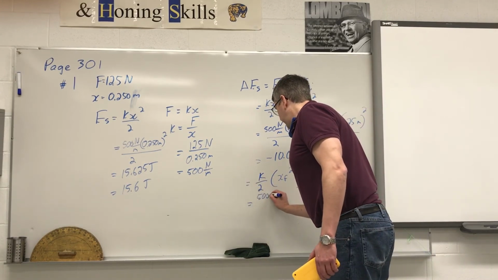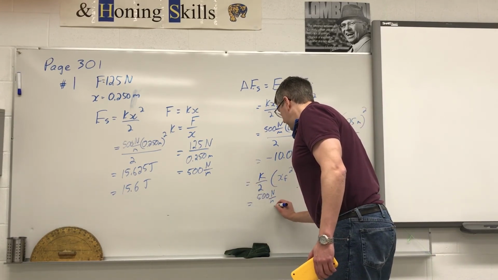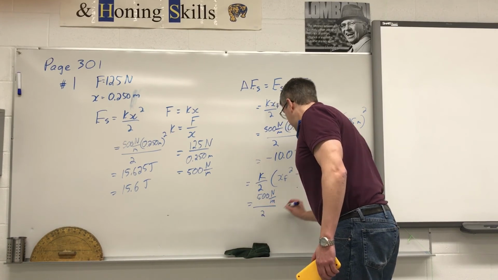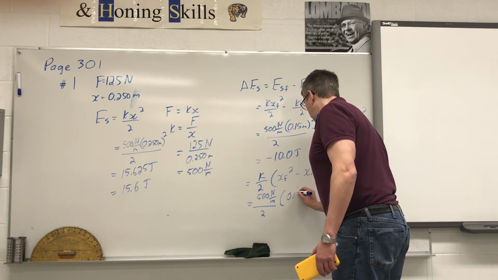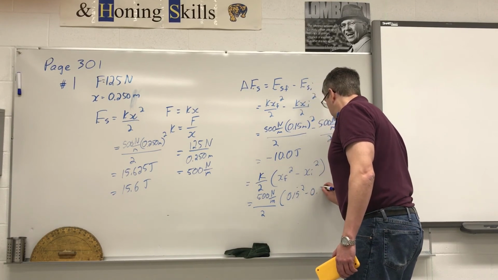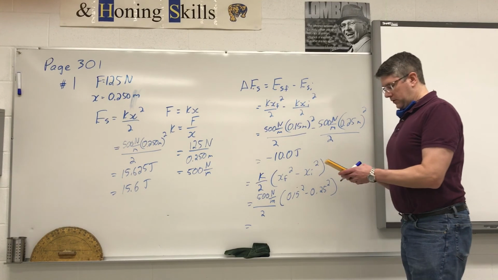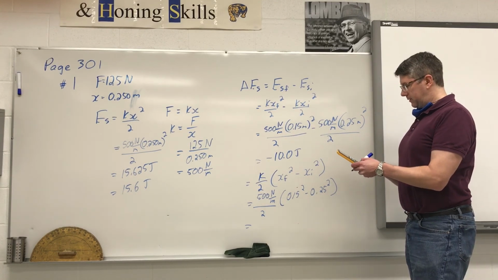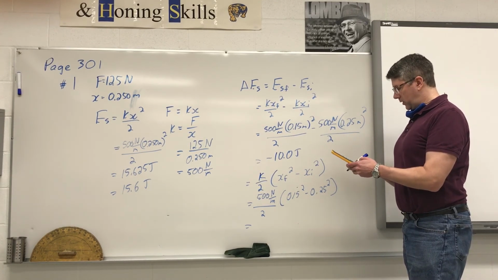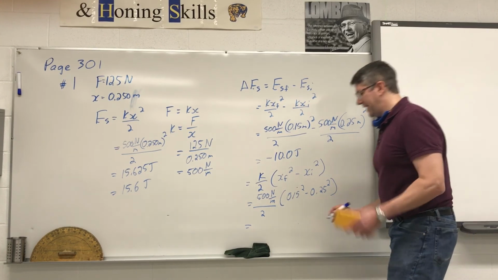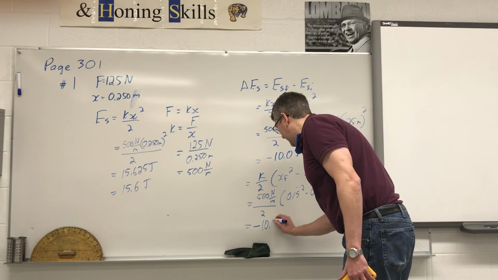So we'll have 500 newtons per meter divided by 2, 0.15 squared minus 0.25 squared, close brackets. So 500 divided by 2 times brackets, 0.15 squared minus 0.25 squared, close brackets, gives us negative 10 joules again.